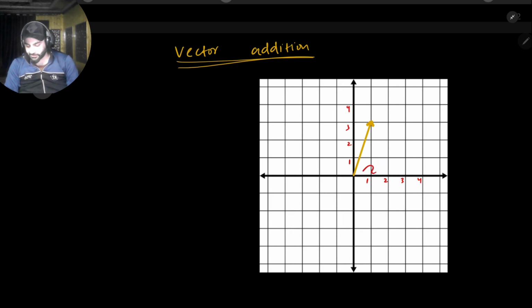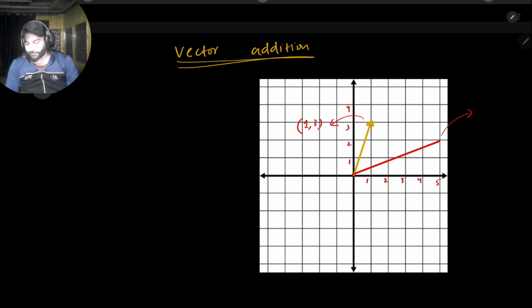Let's suppose we have some other vector like this. Clearly you can see that this vector is 5 comma 2. So the first vector that I have written here is 1 comma 3 because its first component is 1 and the second component, the y component, is 3.